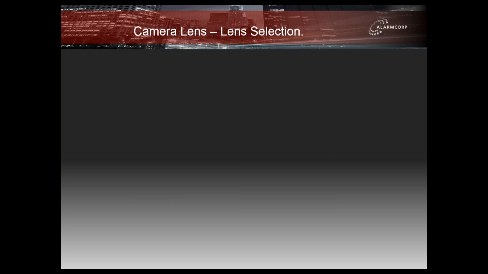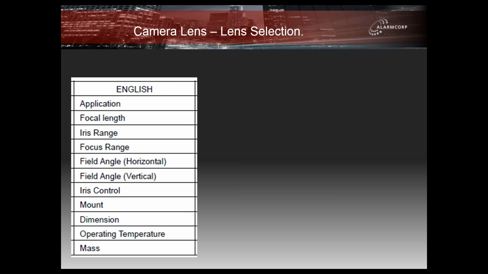To get us started, let's look at a standard specification sheet. This list is useful as a checklist to match the lens and camera to the desired purpose. The lens and camera specifications combine to give us the physical requirements and limitations for the lens, the camera, and the camera housing.